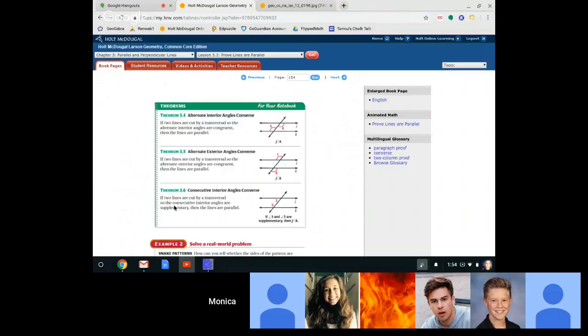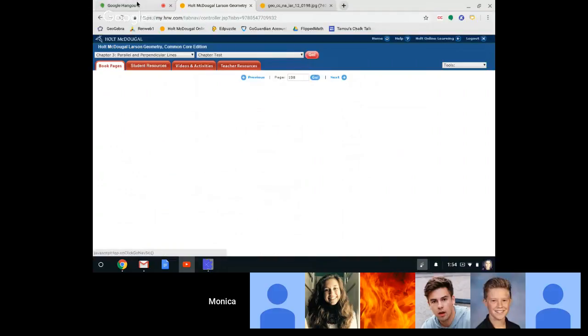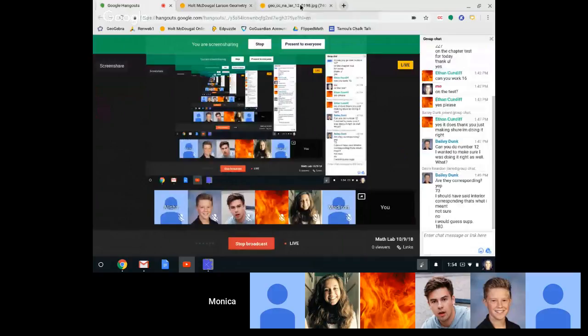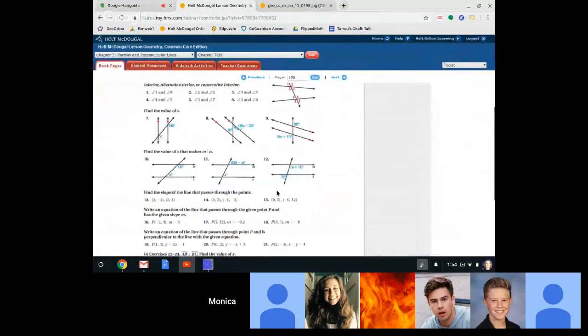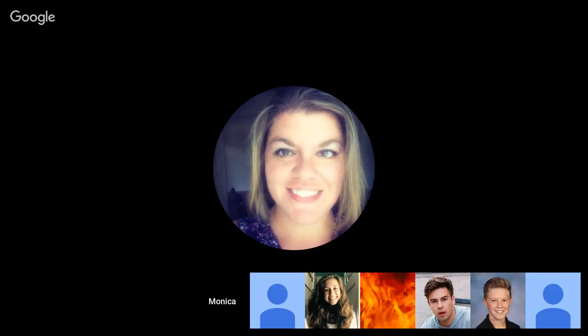If two lines are cut by a transversal, the consecutive interior angles are supplementary, okay? So supplementary means they add up to what? 180. So we know this angle is 73, and this 73 plus that equals 180. So now you can solve for x. Does that make sense? Okay, good.